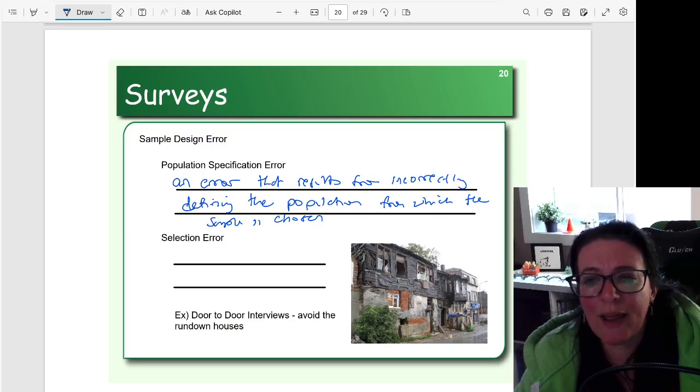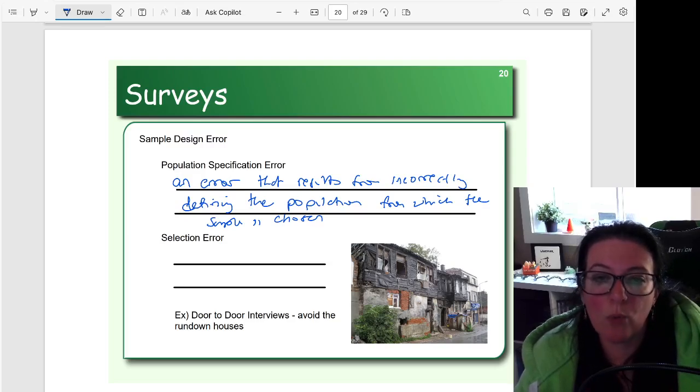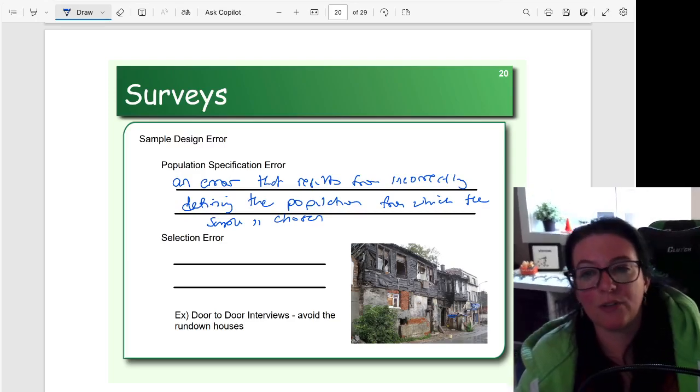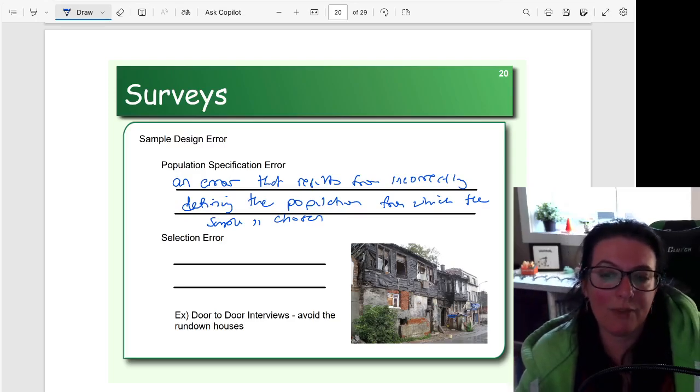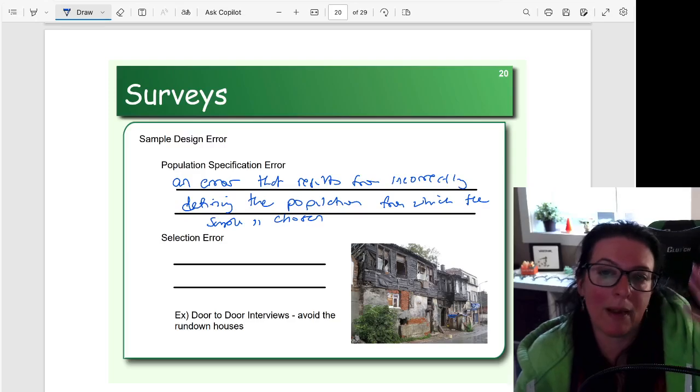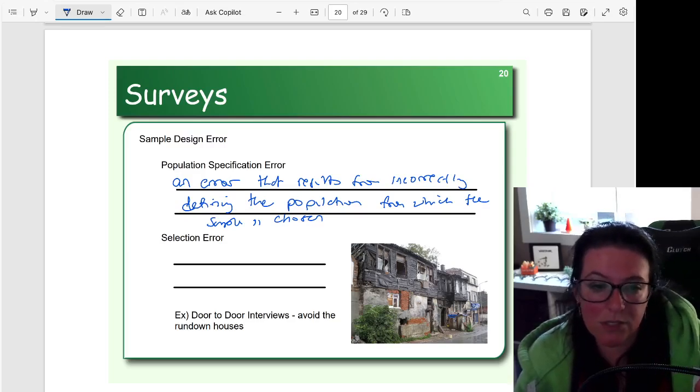If I'm surveying people for collective bargaining, my population is the faculty. And so I would want to then pull the sample from all of the faculty. So I would look at what are the characteristics of the faculty. Do I have the appropriate sampling frame? That would be my list of all the faculty members.